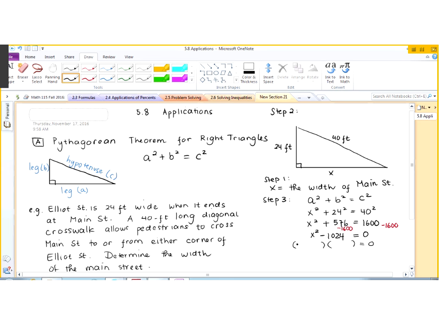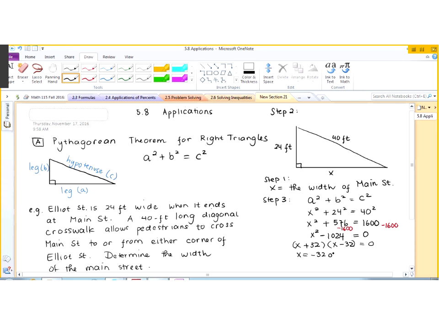This number is pretty big, but it is factorable. It is 2 to the 10th, so it comes from 2 to the 5th, which is 32. So (X plus 32) times (X minus 32) is equal to 0.